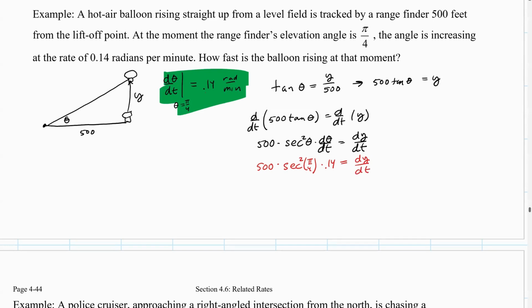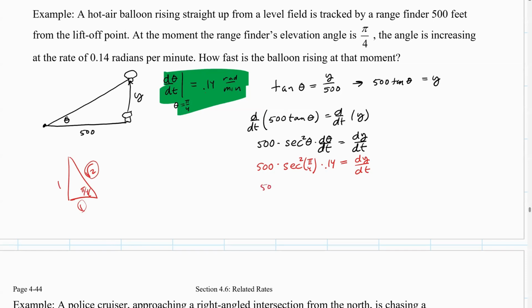So we plugged in the rate of change in the angle, we plugged in the angle, and now let's just do some quick calculations. Pi over 4, and secant is hypotenuse over adjacent.